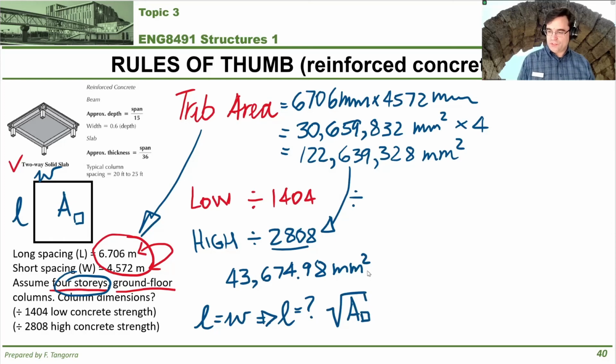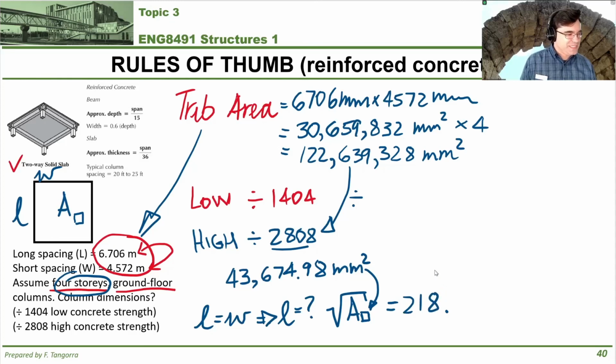And the square root of this area right here equals 208. Oh, no, sorry, not 208. I'm just going to fix this a little bit. Just like that. It's actually going to be 208, 218.